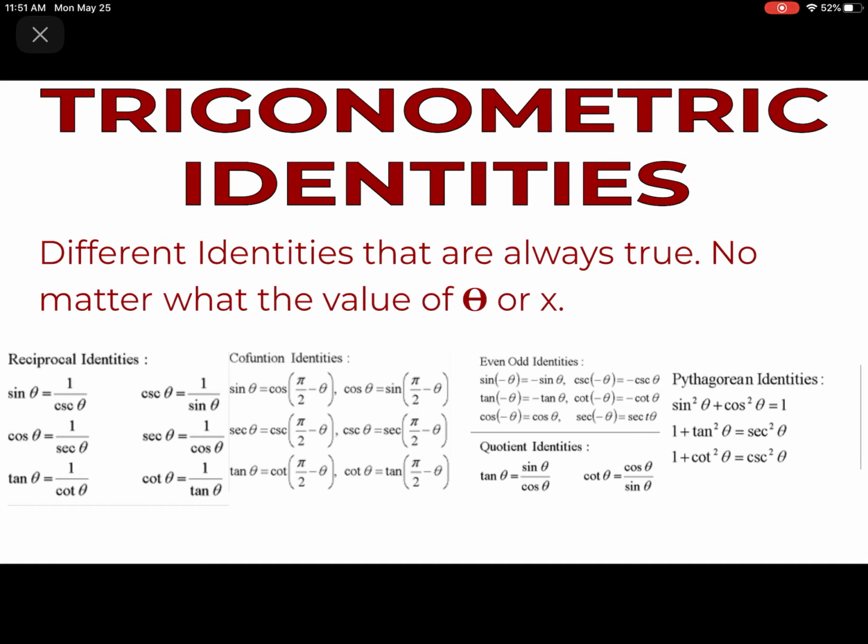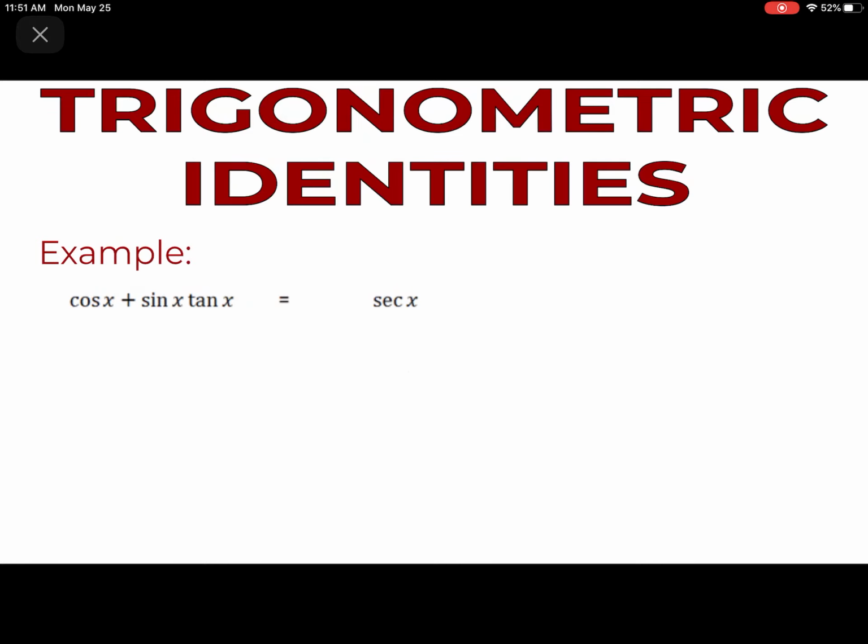Then we have quotient identities, which are just the representation of tan and cotangent of theta. And then we have Pythagorean identities, which are used at other times. All of these can be used to prove why one value is equal to another. So I'm going to show you two examples in this video. You'll have some examples on the review worksheet, and you'll have some on the test, okay?